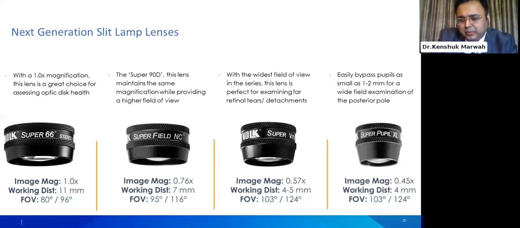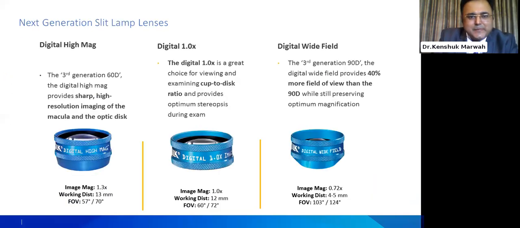The super pupil lens is used by most of the glaucoma specialists, because sometimes you are putting patients on pilocarpine and you want to see how the optic nerve is behaving. This can be very easily seen through a very small pupil. You don't have to try hard; you can just focus the lens and see the optic nerve very clearly.